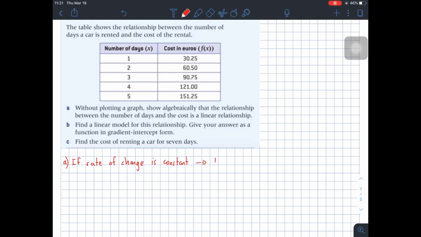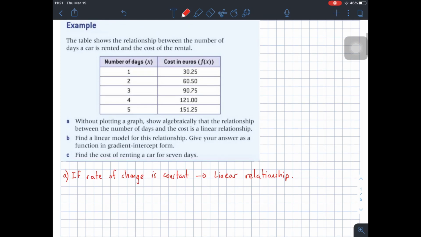So, how do we determine if the rate of change is constant? You just need to find the difference between the independent variable first. This is 1, this is 1, this is 1 and 1. 2 minus 1 is 1, 3 minus 2 is 1, and so on.